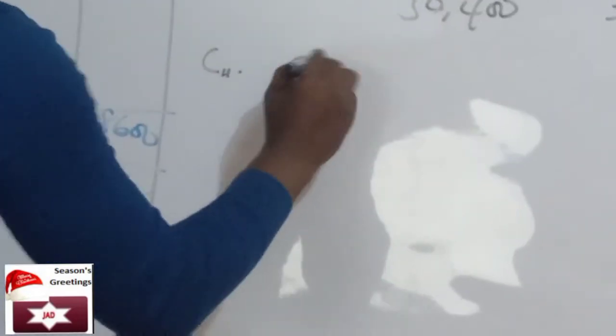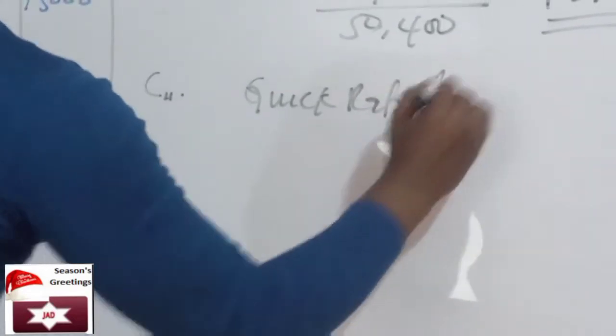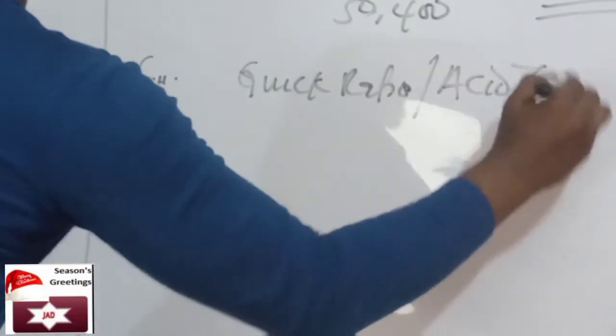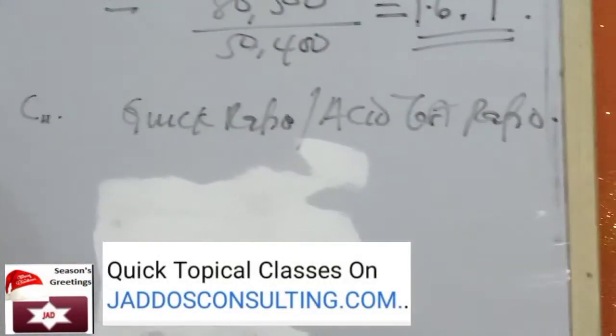And then they say calculate the quick ratio, the acid test ratio. So this is C1, so let's say C2. They say we should calculate the quick ratio, also called acid test ratio. If you go to jarosconsulting.com, you can take the full class on accounting ratios.